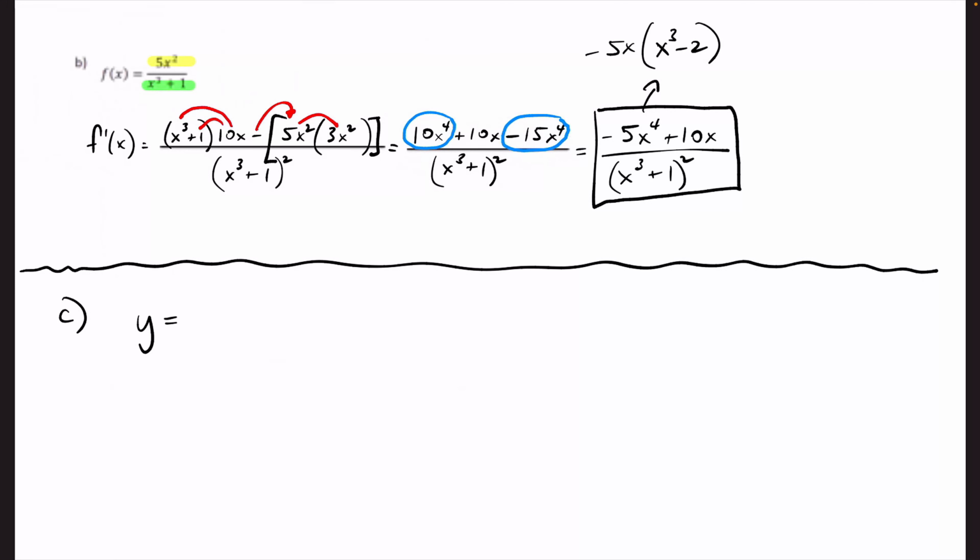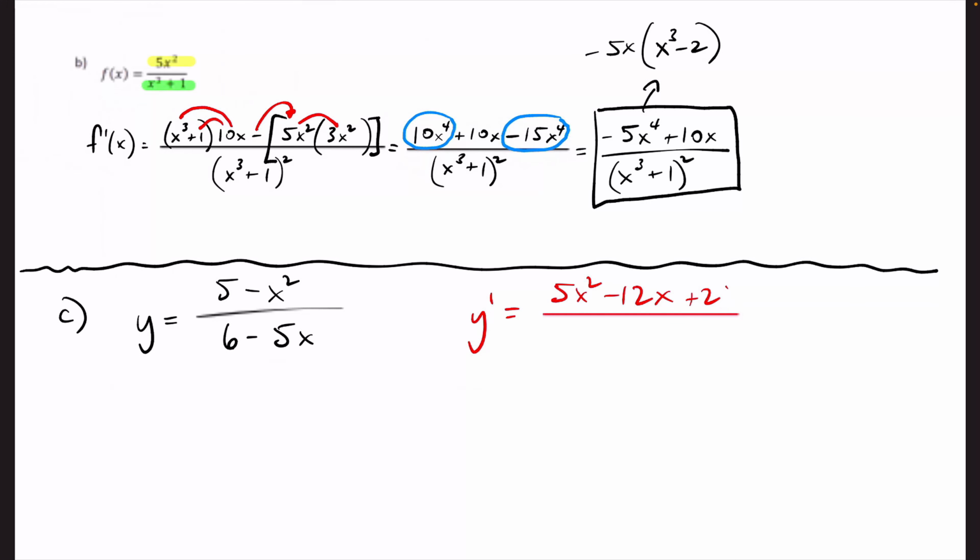Same directions. Go until you match this.